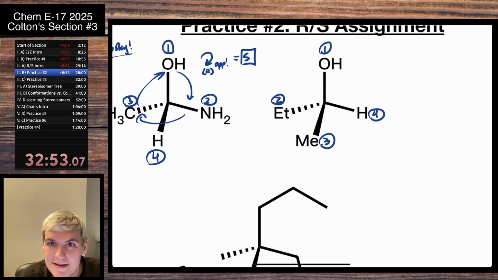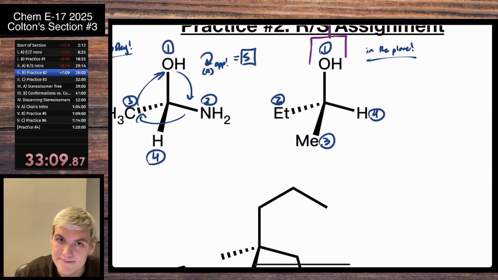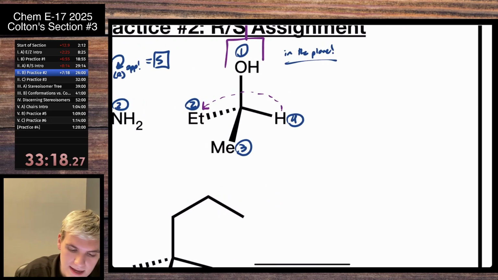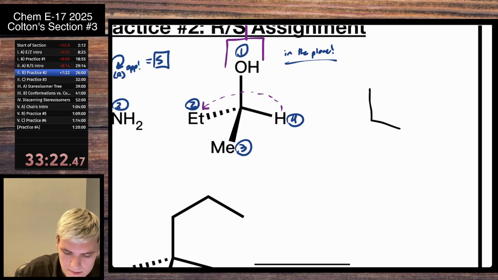And we have our lowest priority group in the plane. So it's the hard mode. So with this, remember our strategy. We hold it by the other thing in the plane. So we're going to hold it by 1. And then we rotate 4 so that it goes where we want it to be on the dash. So now I'm going to redraw the bonds exactly as they appear.